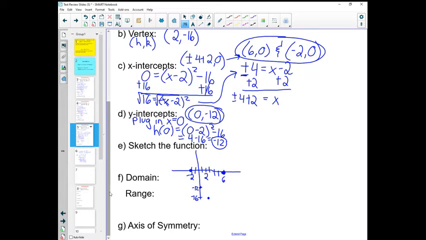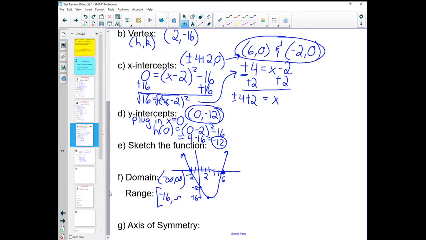Now that I've got those points, I'm going to connect them using that U curve to sketch what this parabola is going to look like. And that's a sketch. The domain is from negative infinity to positive infinity because that never changes for quadratic functions. The range: the lowest point here is -16.